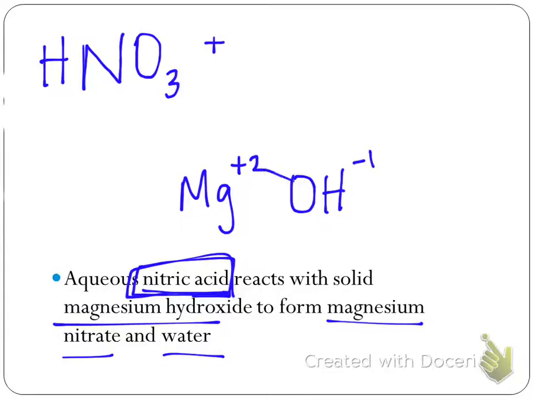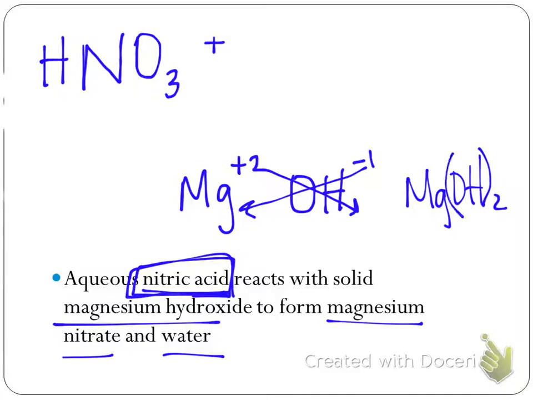Okay, so when I cross these down, can I leave it like this? MgOH2. I have to have parentheses here, so I know that 2 goes to the whole hydroxide molecule. So I got to put parentheses around that OH, and that's because we need 2 hydroxide molecules. We don't just need 2 hydrogens. We need 2 hydroxide molecules. So this is going to go here.